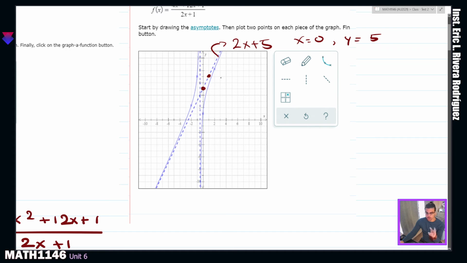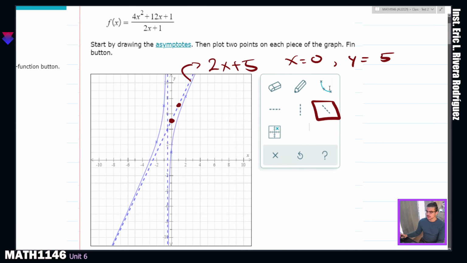So with those 2 points, now you can draw a line with dashes representing the oblique asymptote. Yes, you want to find 2 more points, but those points are for the oblique asymptote. And then you plot the points and connect.